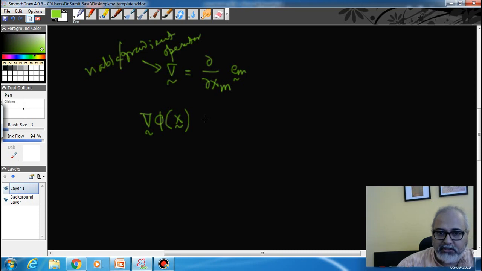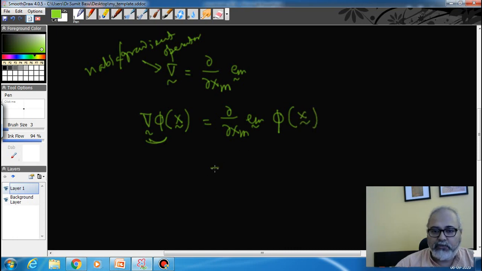So when you do this, you treat it as if it's a proper multiplication between a vector and a scalar. So you do it like this: del xm, and the first vector is em, and then you have a scalar phi. Now this del xm will not act on this em because these are fixed vectors, but it will act on this phi because this itself is a function of x.